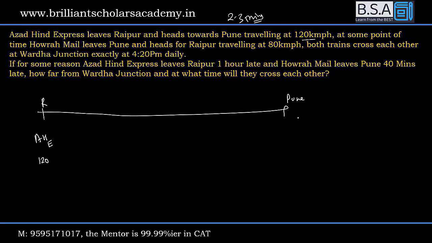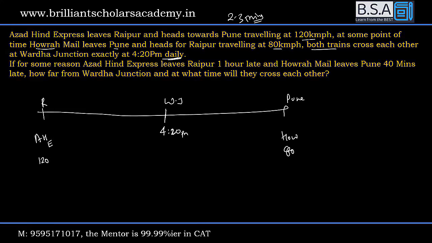At some point of time, it could be any time, 1 hour ahead, 1 hour behind, we do not know when Havana Mail starts. It starts from Pune and goes to Raipur. So they are starting from opposite ends of a line, traveling at 80 kilometers per hour. Both trains cross each other at Wardha Junction at 4:20 p.m.